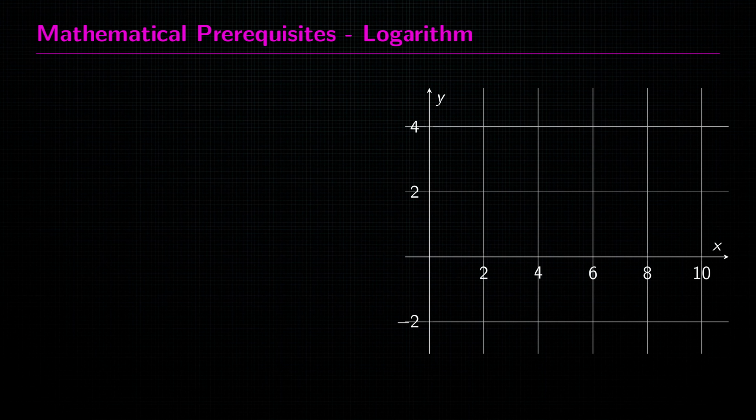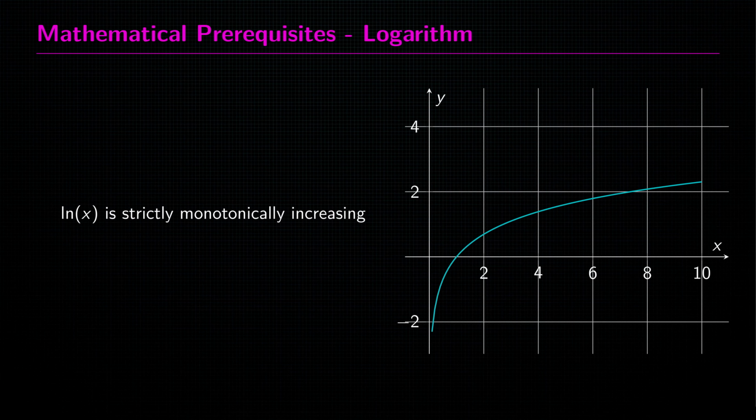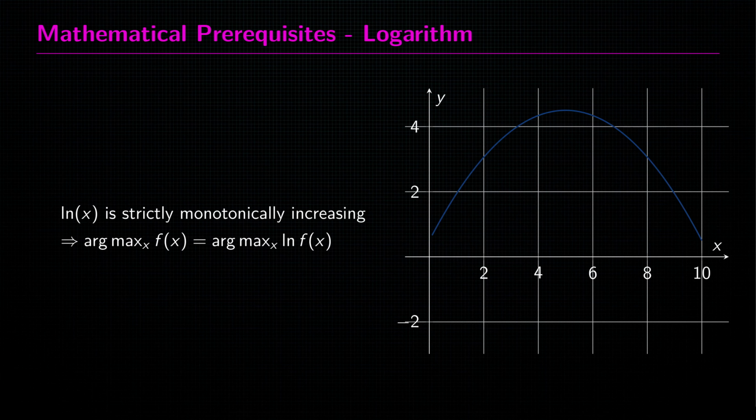Additionally, we need some properties of the logarithm for the derivation of the maximum likelihood estimator. It is a strictly monotonically increasing function, which means that if you increase x, the value of y will also increase. This property is very nice because if you apply the logarithm onto a function f of x, the position of the extrema, in this case the maximum of the function, remains the same.